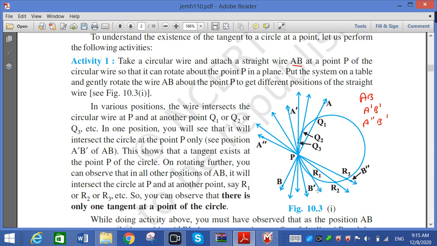We give names as R1, R2, R3, Q1, Q2, Q3. So AB, that is we can say PQ1, A dash B dash, that is PR1.